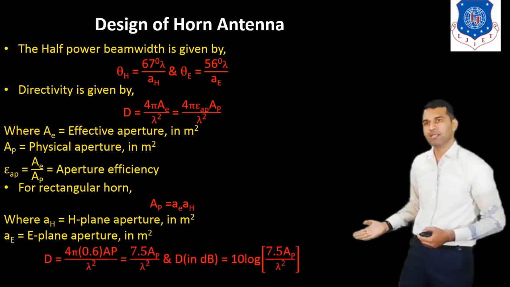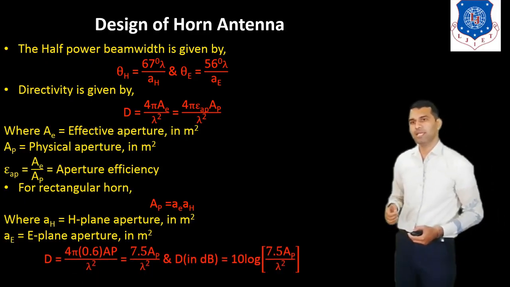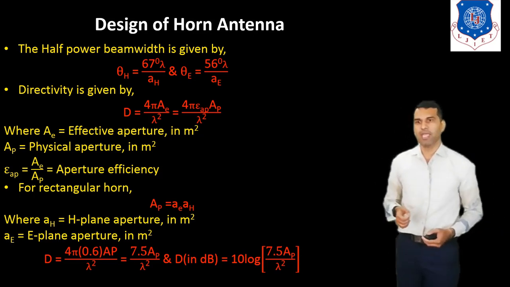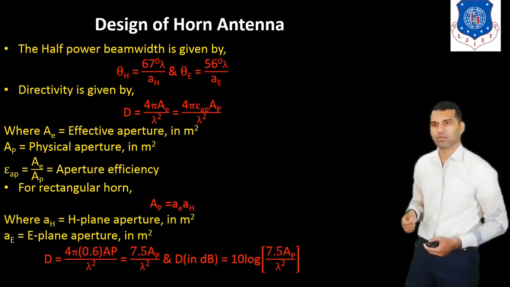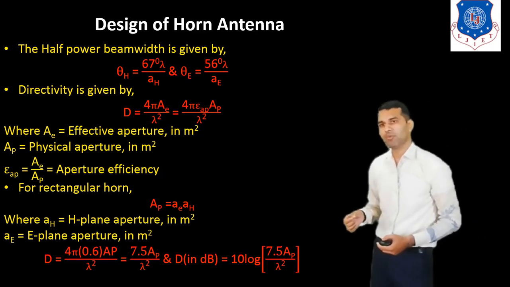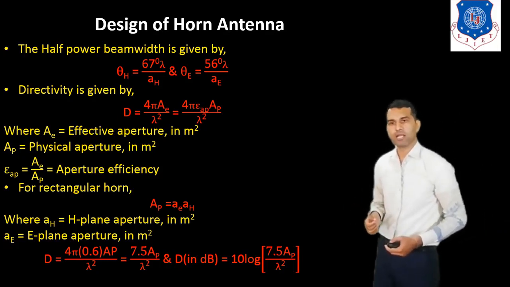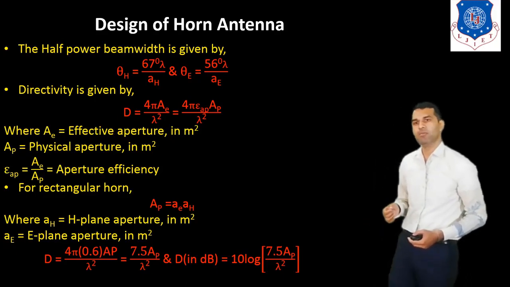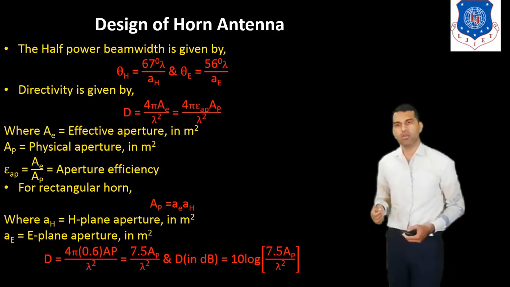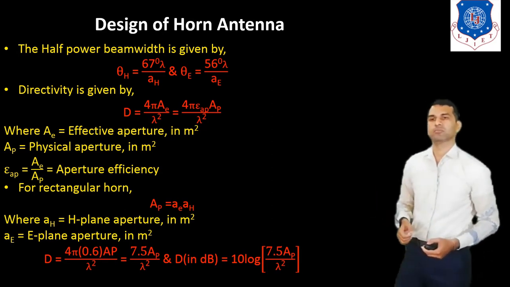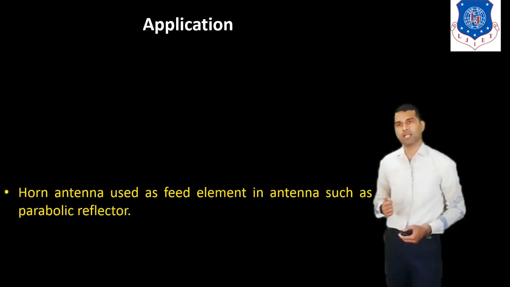So we can write the directivity equation as D is equal to 4 pi 0.6 Ap upon lambda square. Simply we can define this as 7.5 Ap upon lambda square, and in dB we can write this equation as 10 log 7.5 Ap upon lambda square. So this is the equation for the directivity.